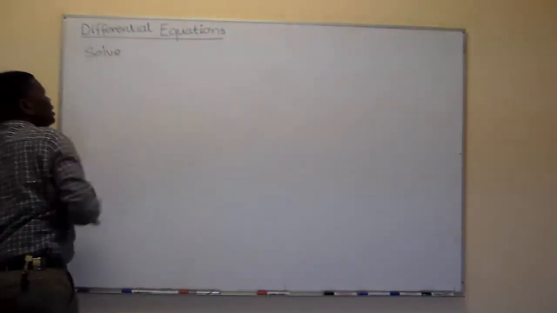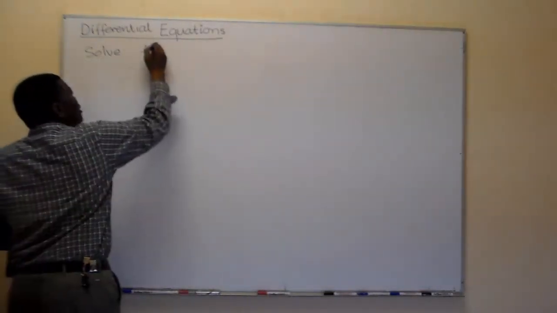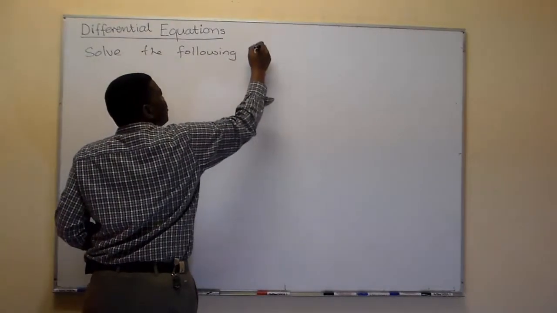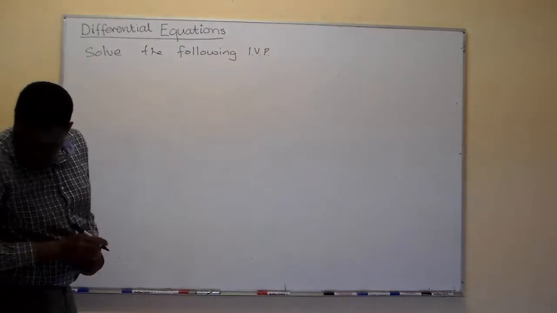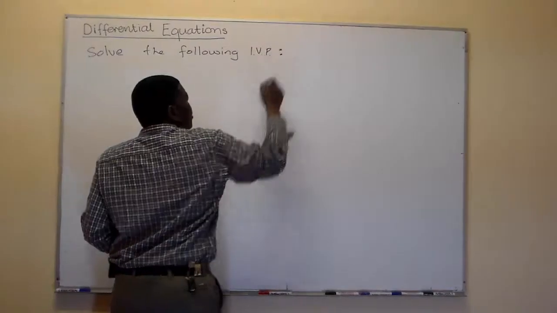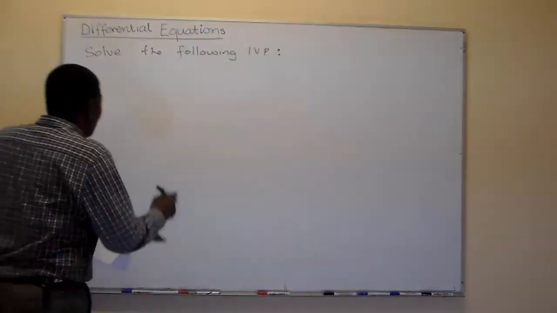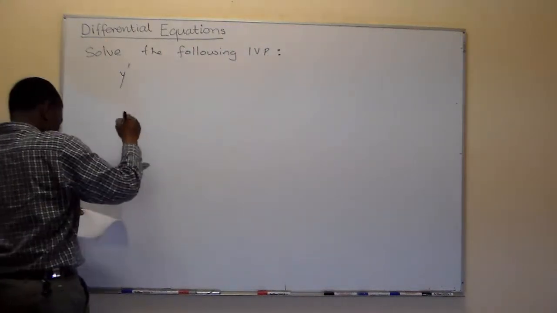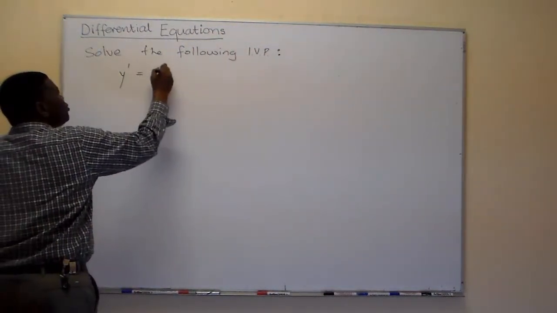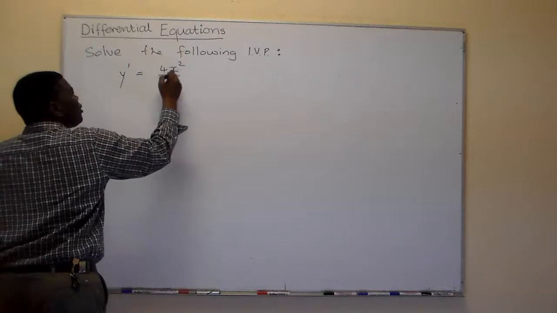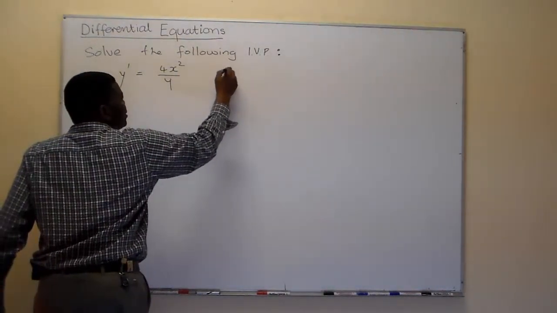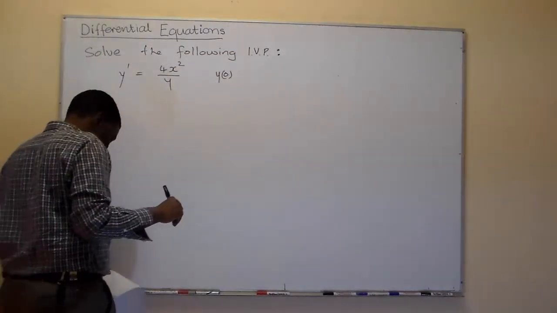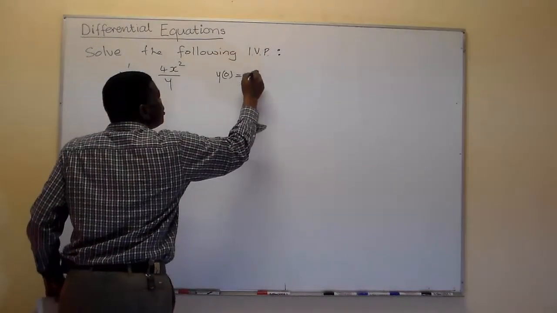Okay. The order now is: solve the following initial value problems. Now it just means that we're given initial conditions. So the problems are, we've got y prime equals 4x squared over y, and we're given that y at 0 is equal to 2.